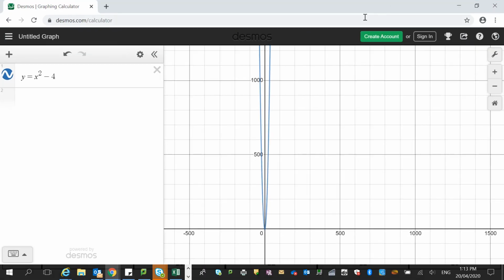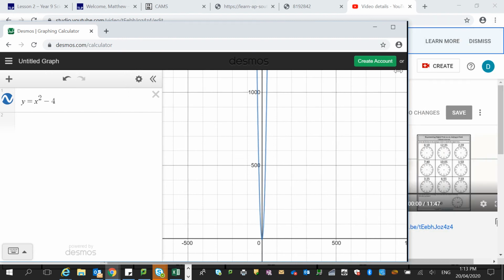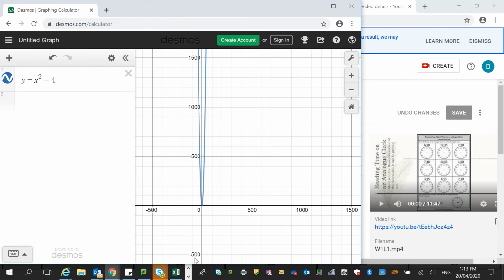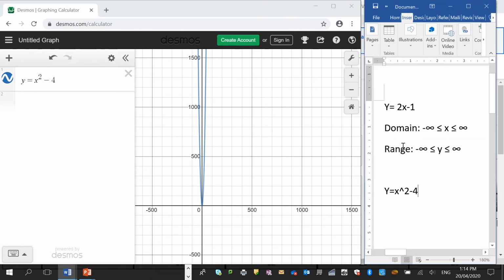Give me a second. There we go. This way I don't have to keep flipping between screens. Domain is the exact same, because x is going from negative infinity to positive infinity.